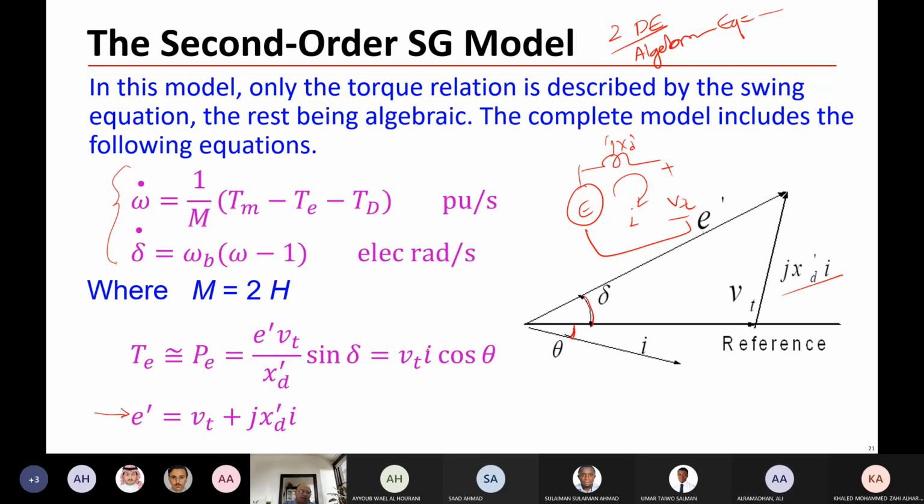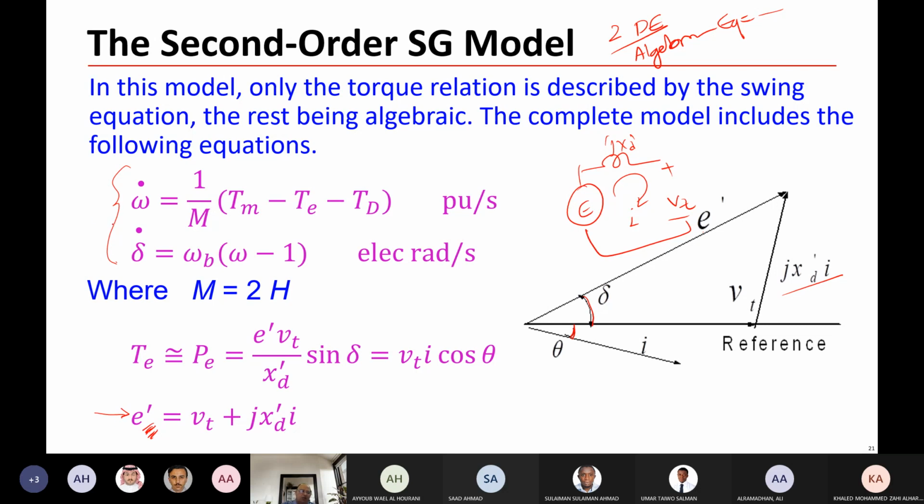Yes. In the third order model, E prime is no longer constant. We have to see the dynamics in the field winding. This is the induced EMF that comes from the field winding. So if we have transients in the field winding, if we have changes in the field current or field voltage, this will affect E prime.